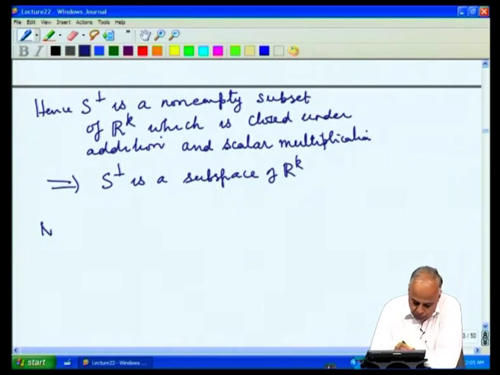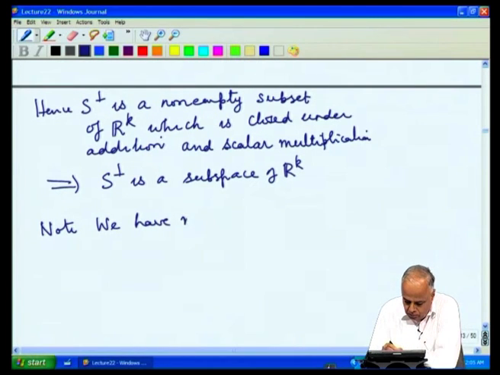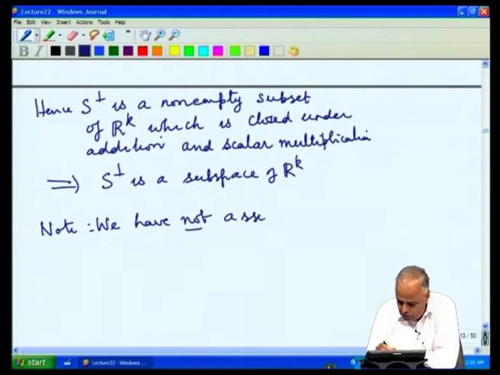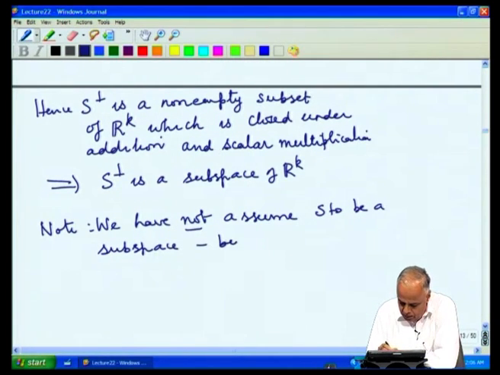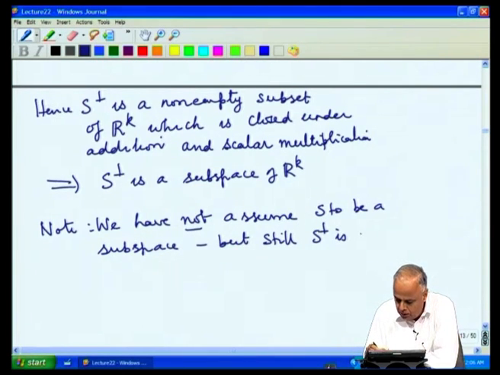Okay, so note, we have not assumed S to be a subspace, but still S perp is a subspace.